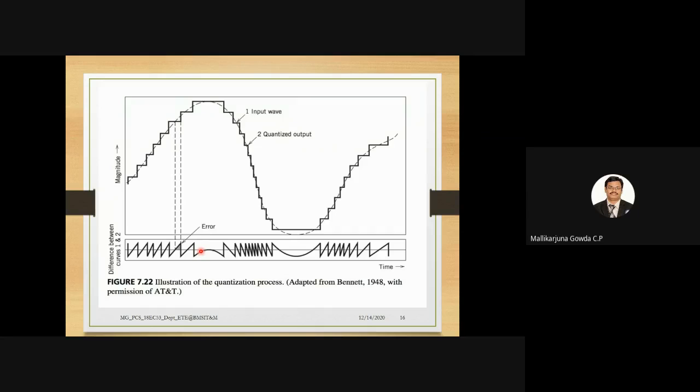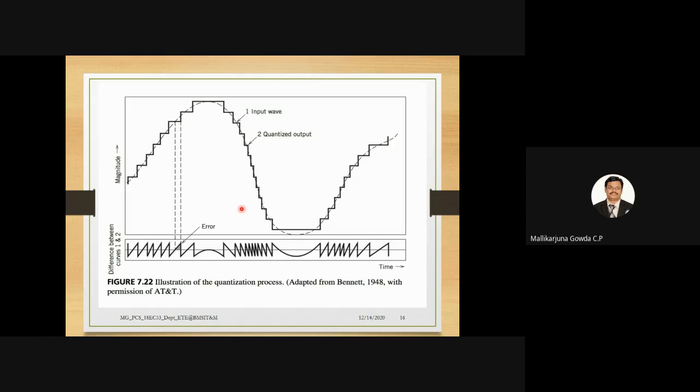Did you get my point? The maximum quantization noise or error that can occur during the process of quantization is either plus or minus delta by 2. Whatever is shown here for plus delta by 2, similarly the next part will be minus delta by 2. Understood this point, my dear students? Yes, sir.